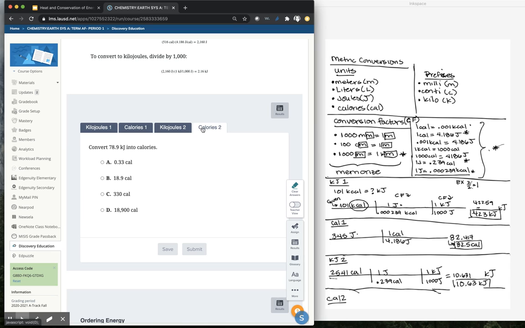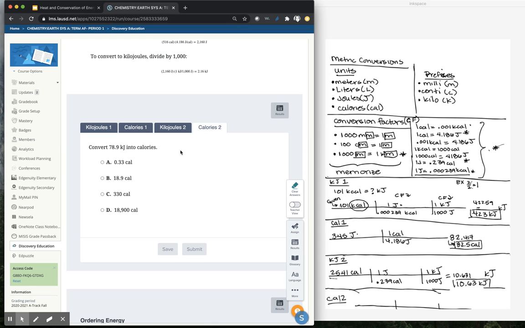And I'm going to go off to the side this time because I'm running out of room. This one says convert 78.9 kilojoules into calories. So that's the problem. And I know since I did this ahead of time, there are 2 parts to this conversion factor. So I'm going to go ahead and make my 2 conversion parts.